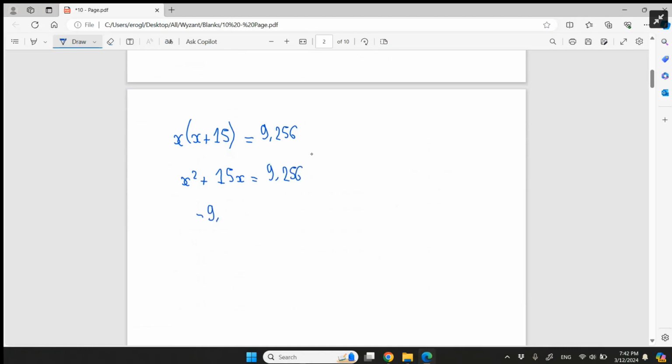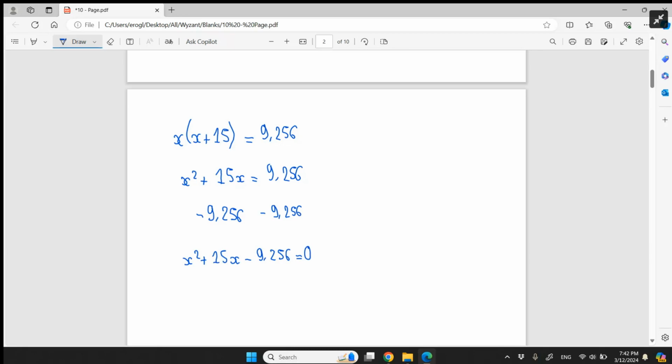We can now subtract 9,256 from both sides to get x squared plus 15x minus 9,256 is equal to 0.